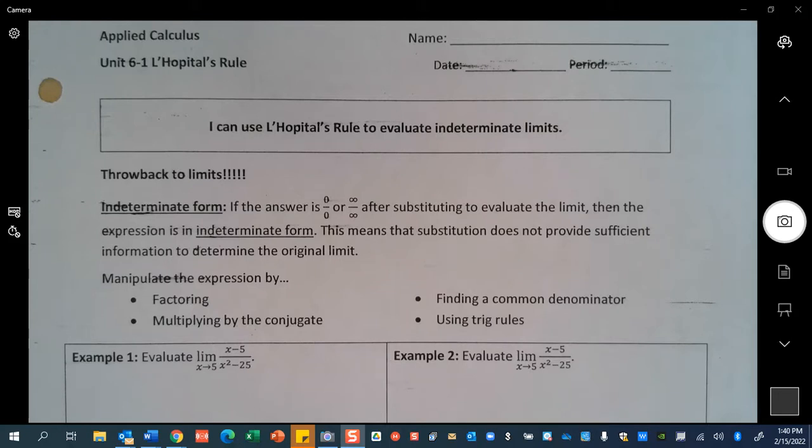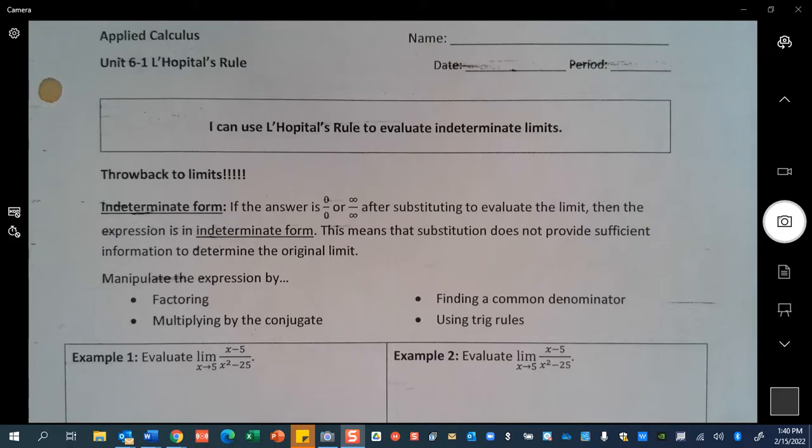For our trig, sine and cosine, we had all these weird little rules. Sine of x over x is equal to 1. Cosine of x minus 1 over x is equal to 0. We had to look for getting rid of one of those x values and get it out of the denominator, because that's what was causing a lot of my problems when I plugged in my values.